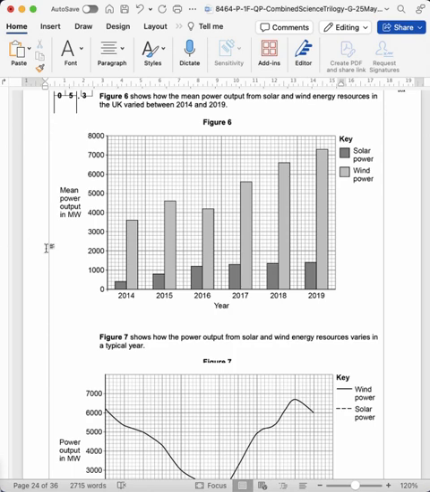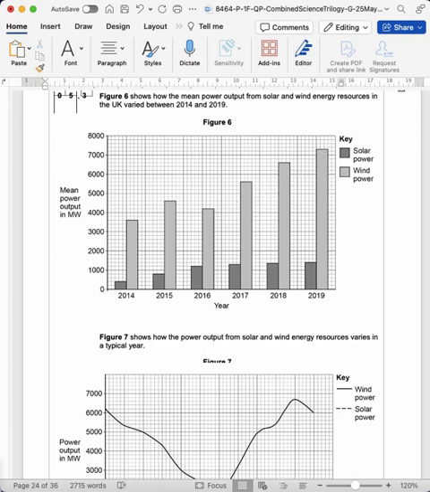Next bit, we look here from 2015 to 2016, we can see the wind power has dropped or decreased from 2015 to 2016, and then begins to increase from 2016 to 2019.